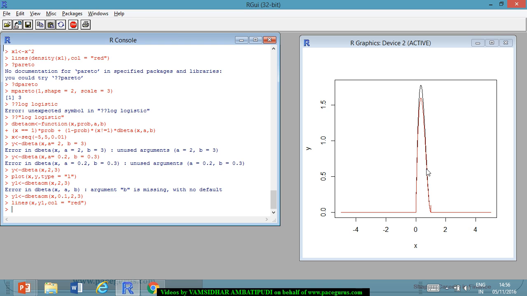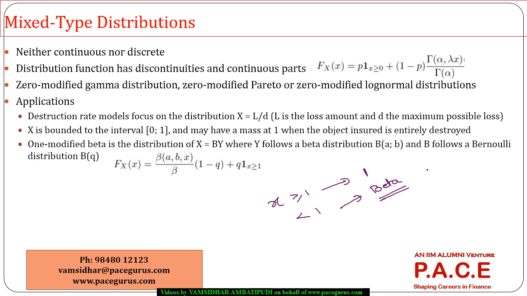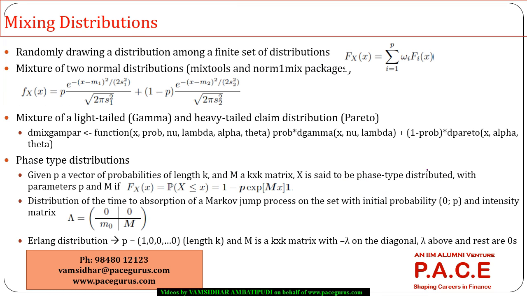When you are going with pbeta, instead of simply taking it as x equal to 1, we'll take it as greater than or equal to 1. So the probability of q value greater than or equal to 1 is what we will take, because the cumulative distribution becomes equal to 1 for all values of x greater than or equal to 1. So that's how we understand the mixed type distribution.